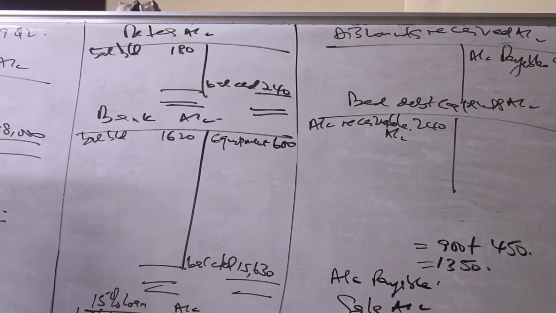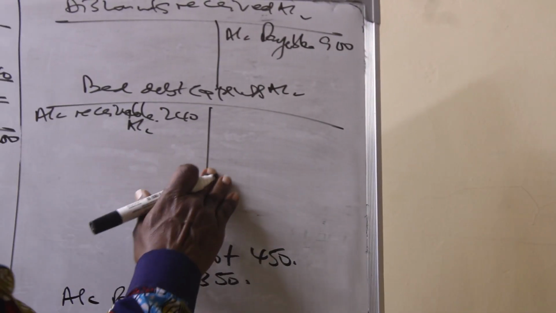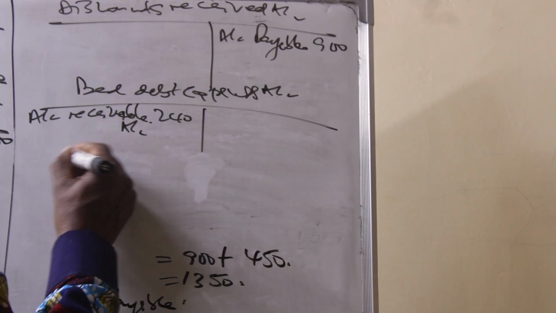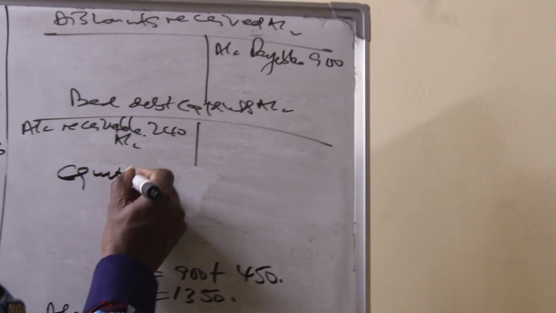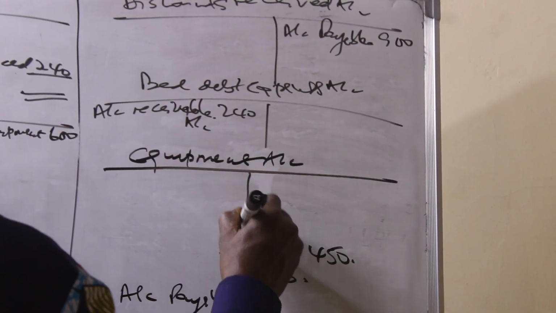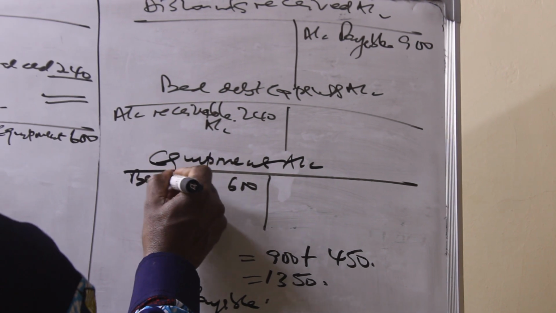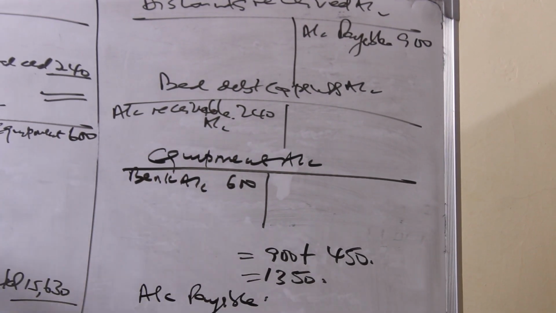We debit equipment account, and you are told you're not depreciating it. It's coming from bank account.